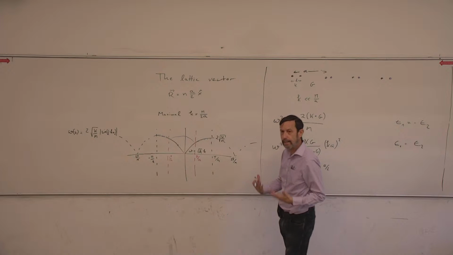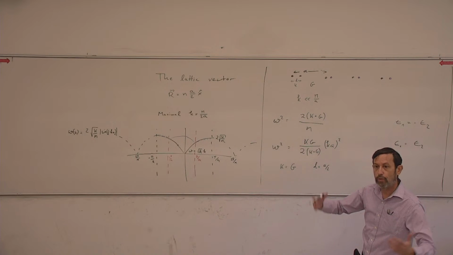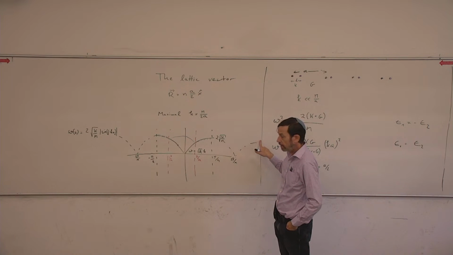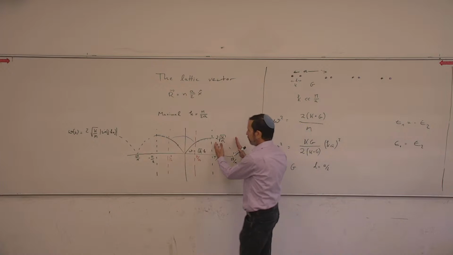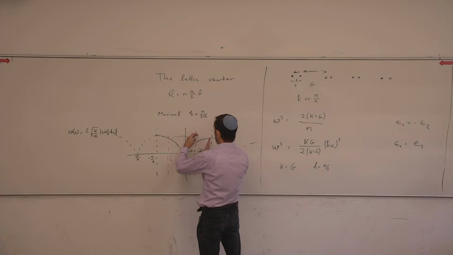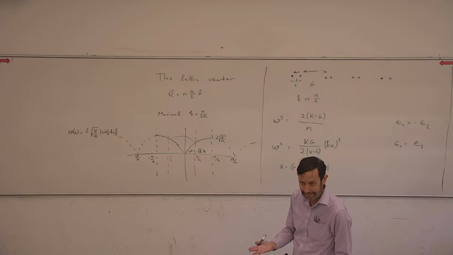So, we said in the previous lecture, it's meaningless to keep all these oscillations because they don't give any additional information. Move them by 2 pi over a to here, move this by 2 pi over a to here, and you're getting the same solution.